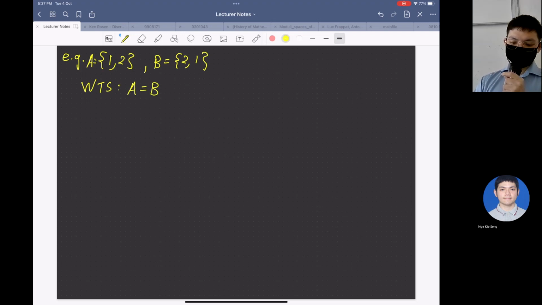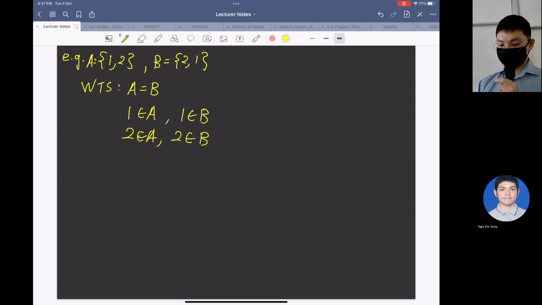So I need to check that every element here is in here. For example, 1 and 2 are in A. Is 1 in B? Yes. 2 is in A. Is 2 in B or not?